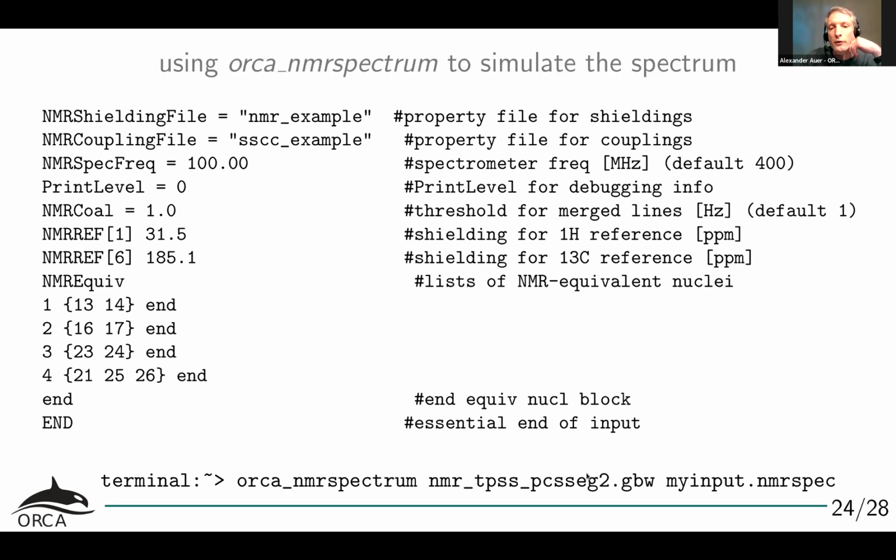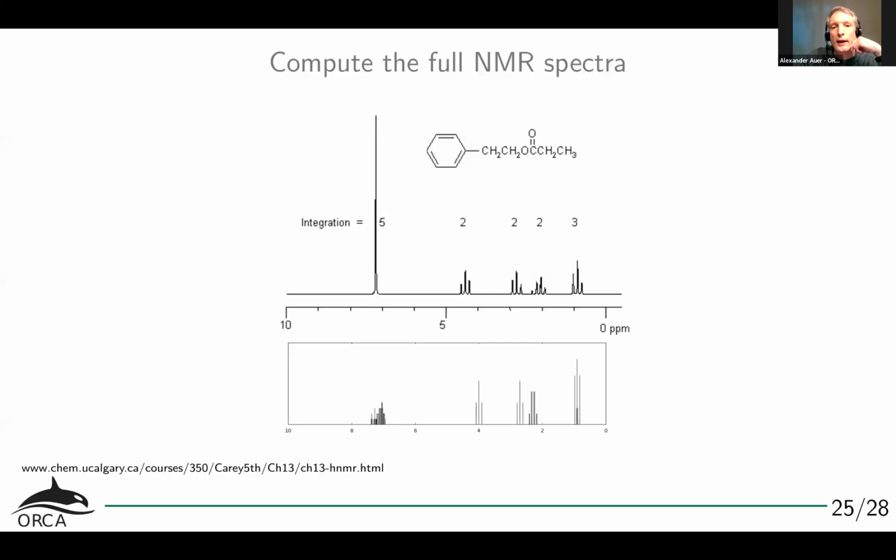You just need to put in the GBW file and this input file here. And then in the end, voila, you get the simulated spectrum. And here you can see we actually have a much nicer agreement than we've seen before. The NMR experiment doesn't resolve the difference in these protons here, while the simulated spectrum gives us this.